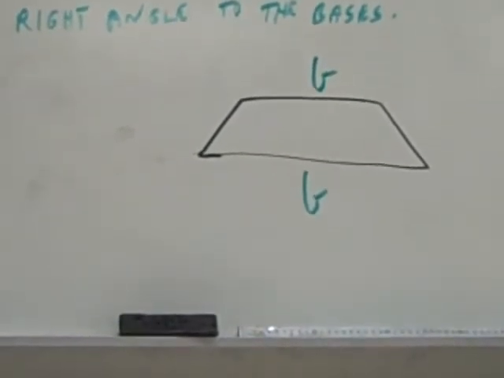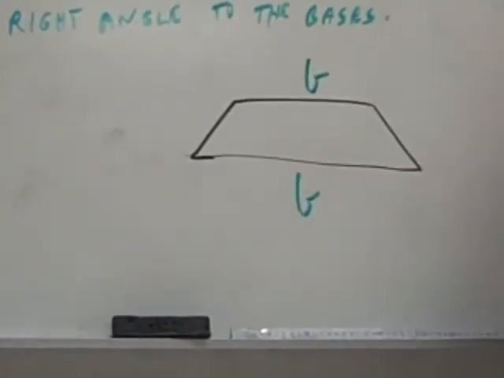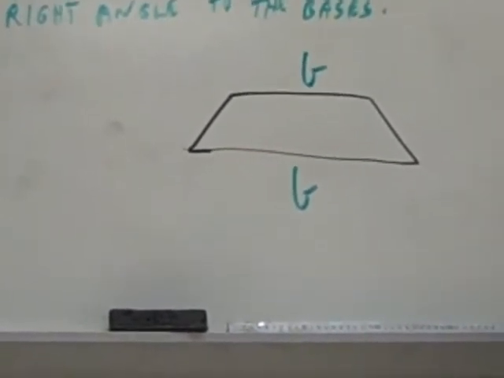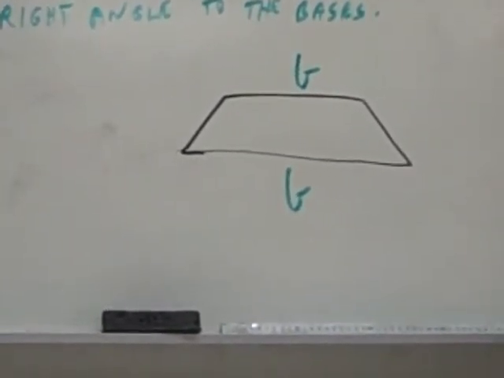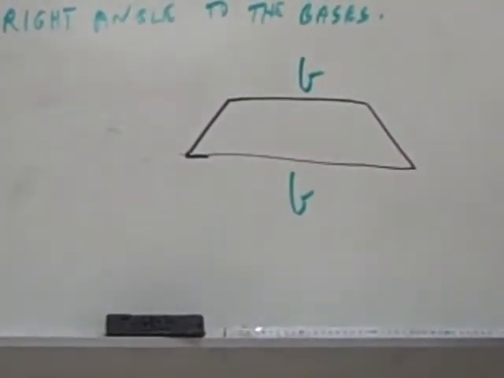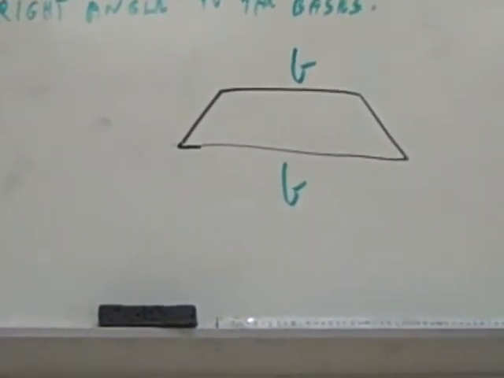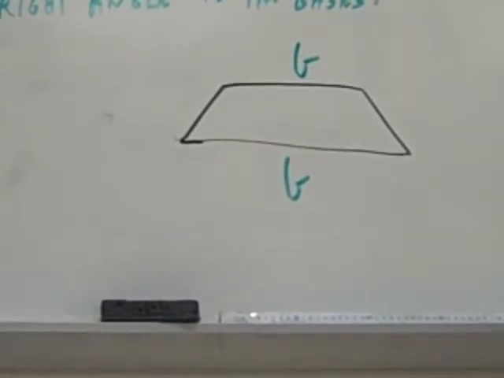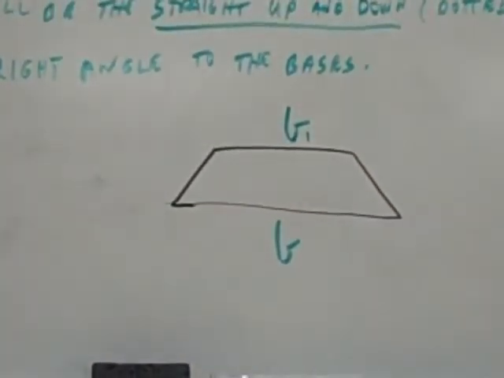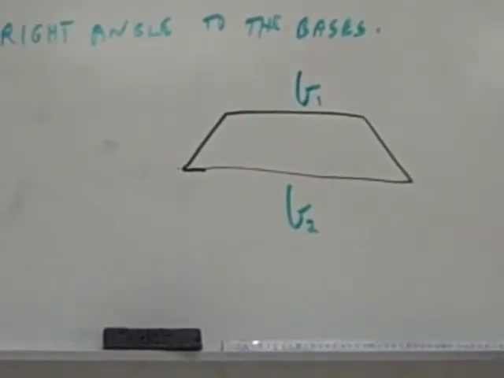The problem, though, y'all, those are the same letter, aren't they? Yes, sir. And in math, if you have the same letter, then we assume they're the same thing. Oh. But this one's shorter than that one. They're not the same thing. What do you think, Carl? On the mathematics chart, it said base 1 and then base 2. We got to denote, one of them we'll call base 1, and the other one we'll call base 2, because they're actually two different bases.